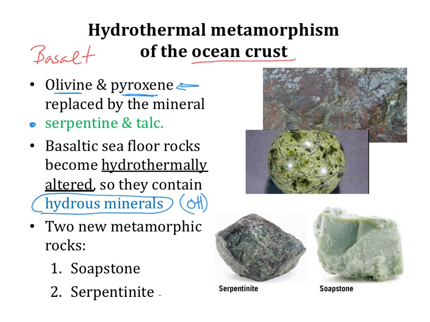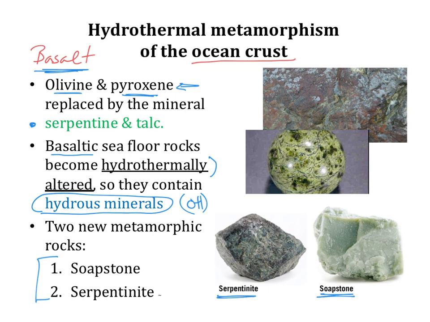So we have the basaltic ocean floor gets hydrothermally metamorphosed, and that means that the ocean floor is mostly not made of pristine basalt. It's mostly made of rocks that contain these hydrous minerals, and those include soapstone and serpentinite. So I've got pictures over here of these two rocks.